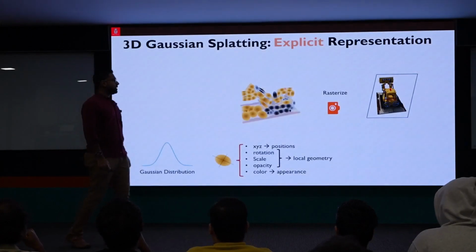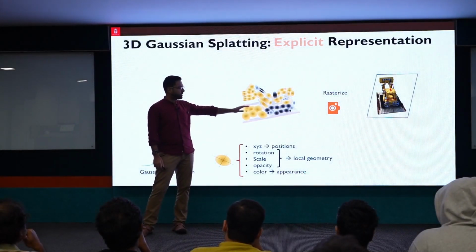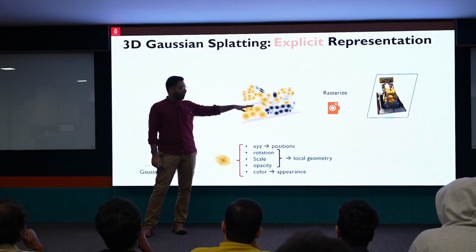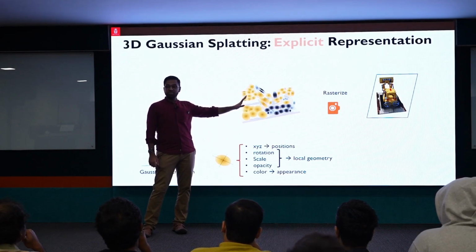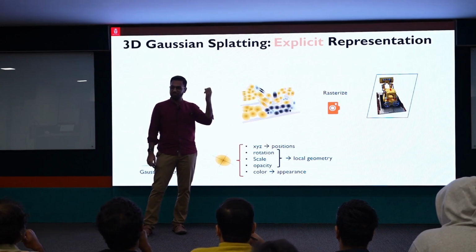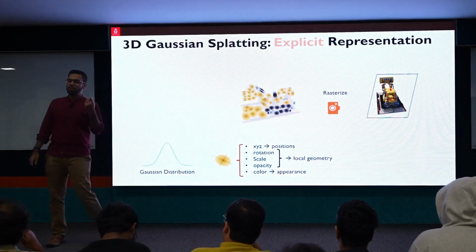Because we are storing all of this explicitly, this question comes up sometimes: how many Gaussians do we need to model a scene? If your scene is really complicated, oftentimes you need hundreds of thousands, if not millions of Gaussians. So that means a million times how many parameters you have. You have to store that many floating point values. So it can get pretty memory intensive.